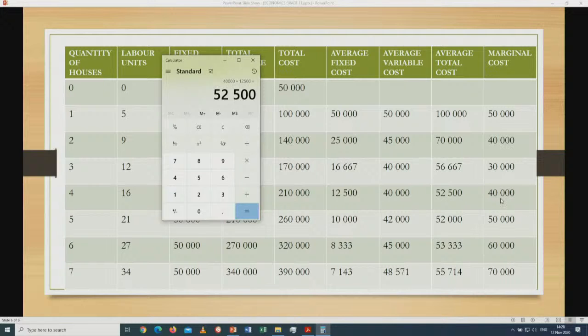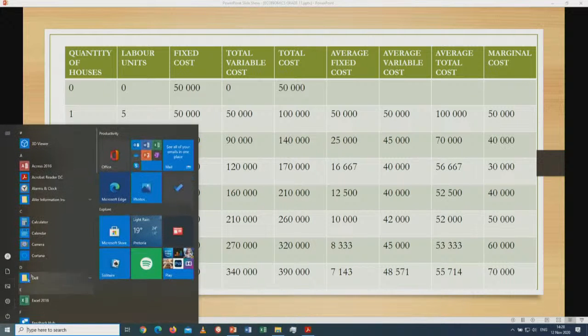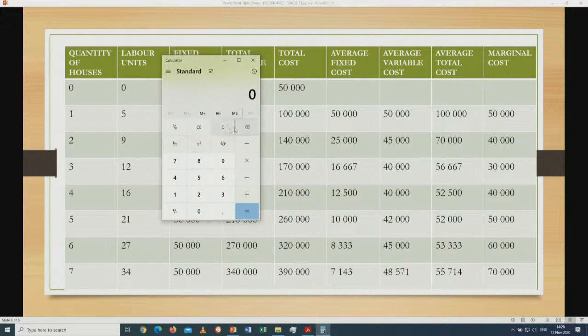Now we talk about the marginal cost. What did we say the marginal cost is? We said the marginal cost will be your total cost. Let me use the calculator again. Oh, what happened to the calculator? Okay, let's put it somewhere.